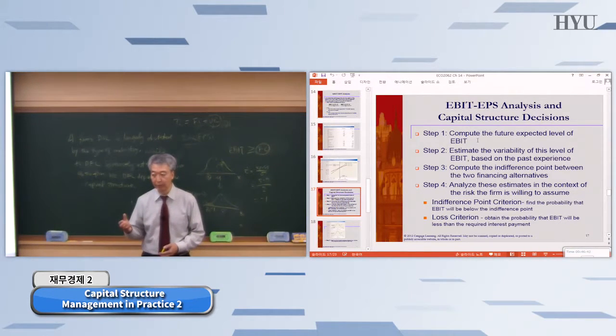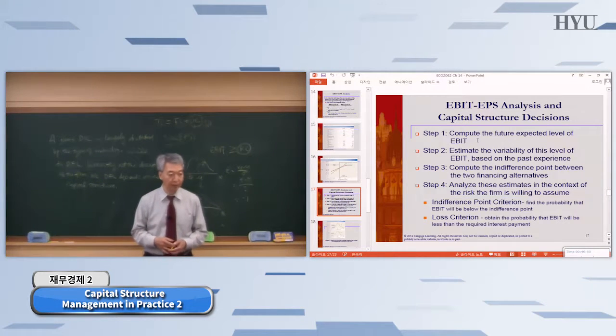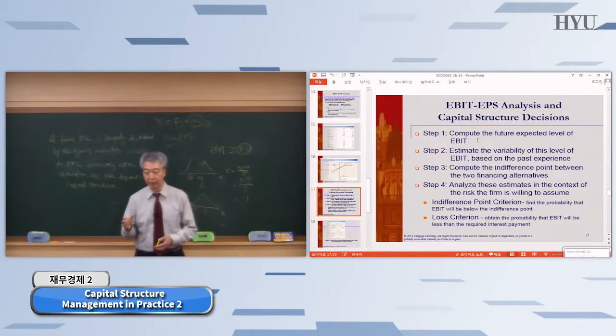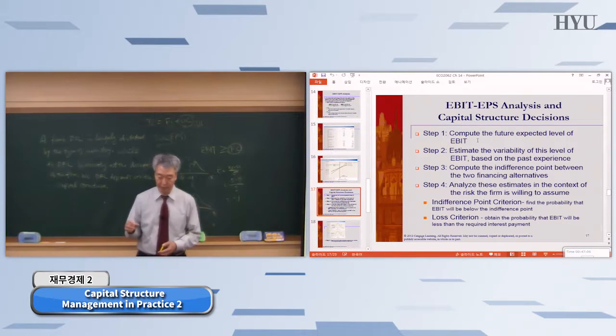I mean, if the consensus is that the next couple of years the economy is going to be really good, then you may be able to slightly increase the expected level of EBIT, right? And so on. And then estimate the variability of this EBIT based on the past experience. Again, we're talking about standard deviation, right? So you need to know the mean and standard deviation of this distribution.